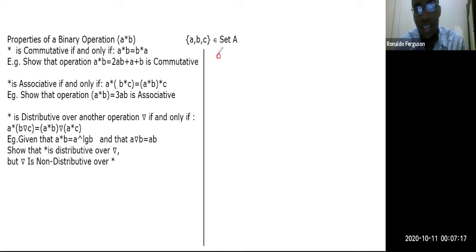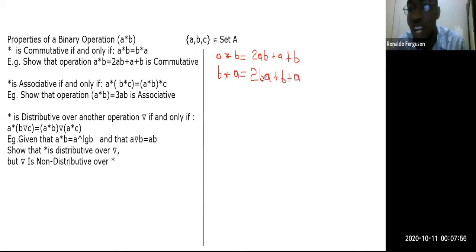A star B is defined as 2 times AB plus A plus B. That's A star B. Now let's say I wanted B star A. B star A would mean I interchange B for A and A for B. So B star A is 2 times B times A plus B plus A. But according to real numbers, when I multiply two real numbers, they are commutative.